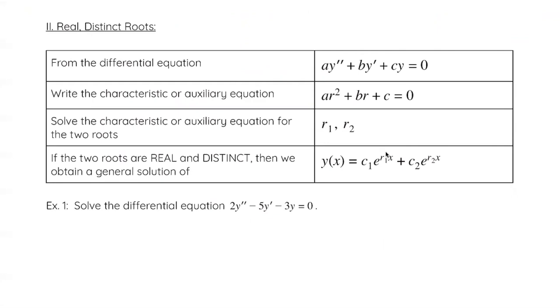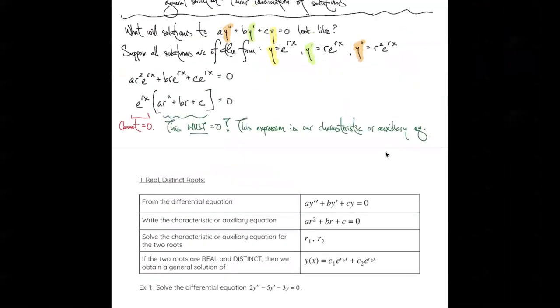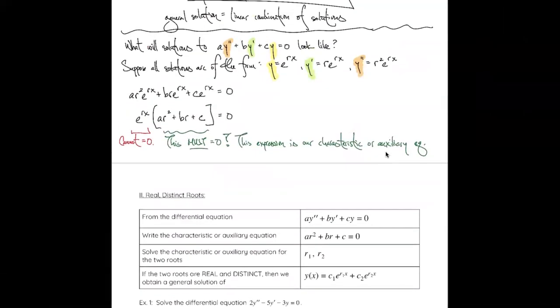So this is second order homogeneous with constant coefficients. If you think about where these letters came from, our a, b, and c, when we got to our characteristic equation, the part that has to equal 0, those coefficients were the same ones as in the original differential equation.